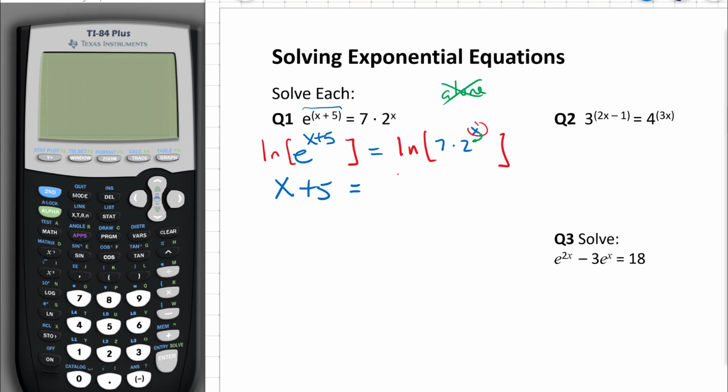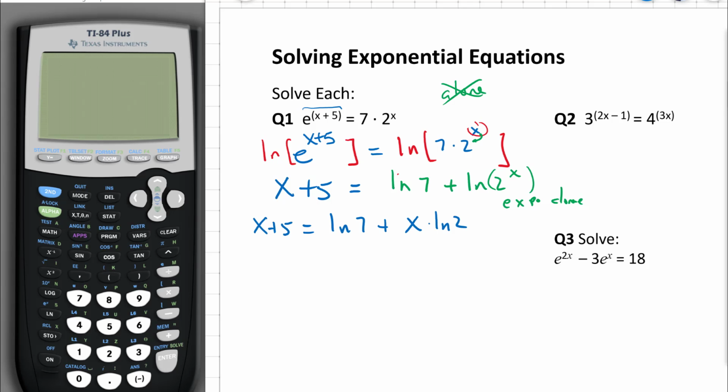So I can rewrite this as ln of 7 plus ln of 2 to the x. Now notice the exponential is alone. And then I can use the other log law to simplify this even more. So I'm going to have x plus 5 equals ln of 7 plus x times ln of 2. So we used two log laws to help us simplify this expression a lot.